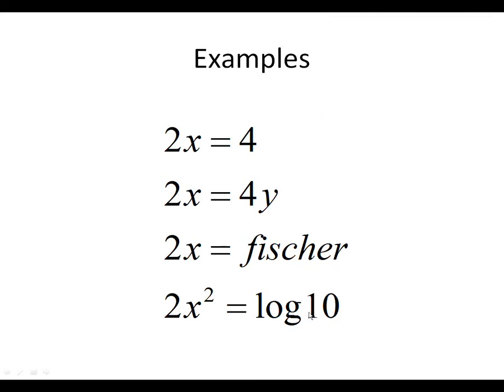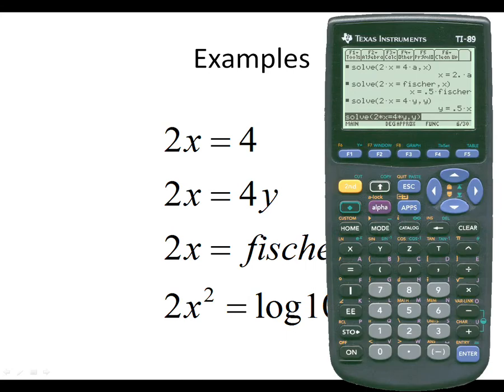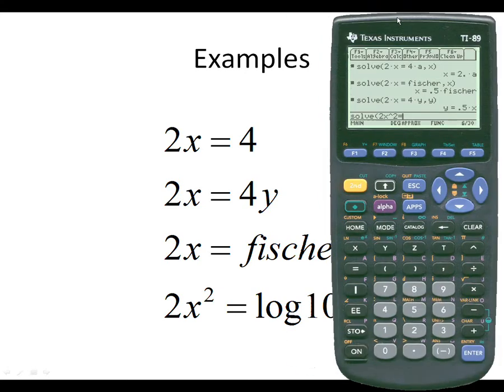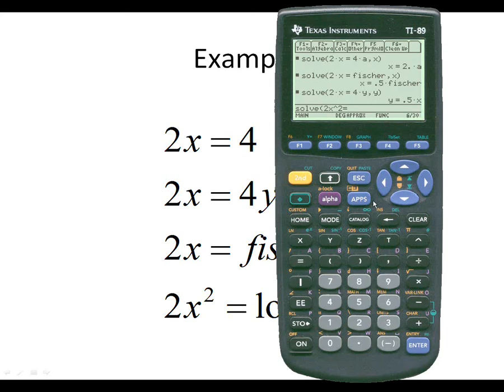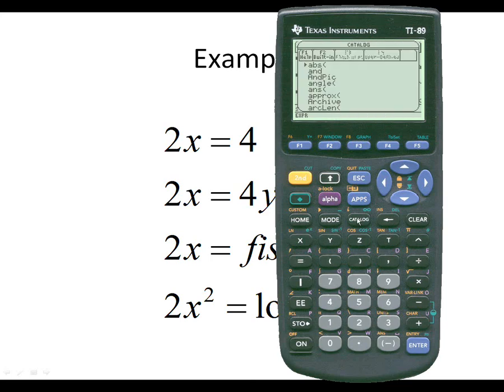2x squared equals log of 10. So I'm going to clear this out and go to solve. So the equation is 2x squared. Remember, that's how you get the squared, the caret, equals log base 10 of 10. So to get the log, remember, the log doesn't appear on any of these keys here, so you go to the catalog, and that is an A to Z list of every single function on your calculator.